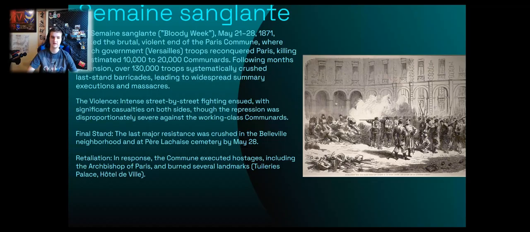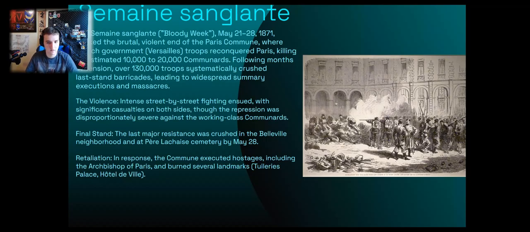Intense street-by-street fighting ensued, with significant casualties on both sides, though the reprisals were disproportionately severe against the working class communards. The final stand, the last major resistance, was crushed in the Belleville neighborhood at the Père Lachaise cemetery by May 28th. In retaliation, the Commune executed hostages, including the Archbishop of Paris, and burned several landmarks.